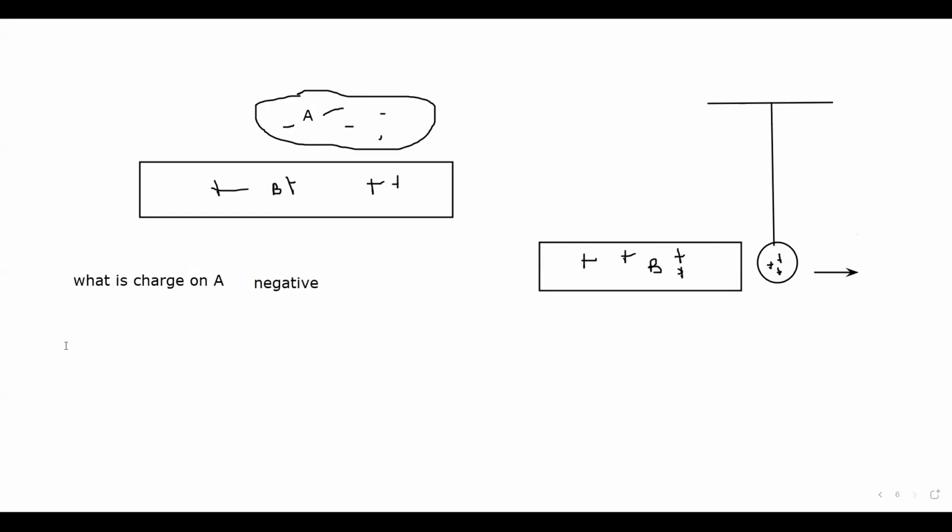And what is the net charge on B? B is positive. What is the direction of electron transfer, from A to B or B to A?